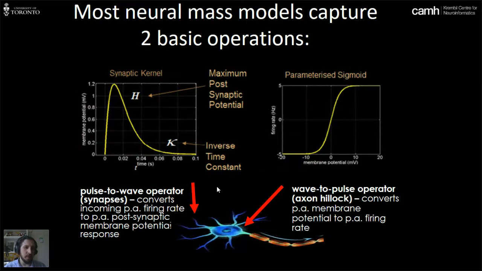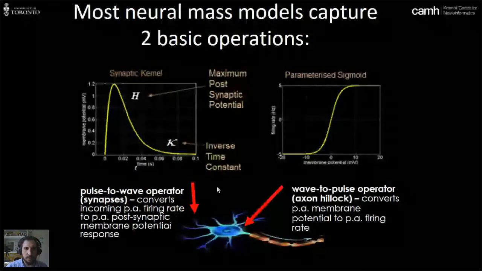Now, in both cases, everything we're talking about here is at the neural population level. That is the average value of this or that quantity over a population of hundreds or thousands of cells.